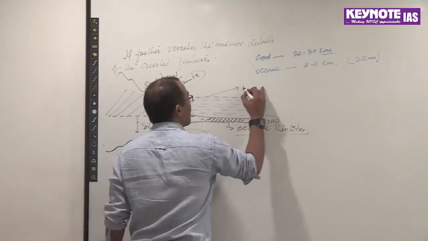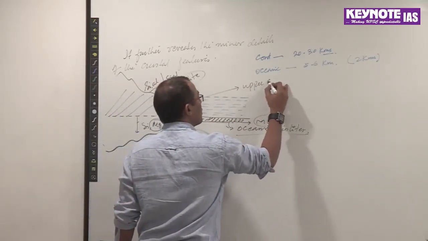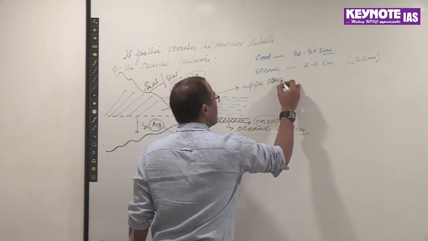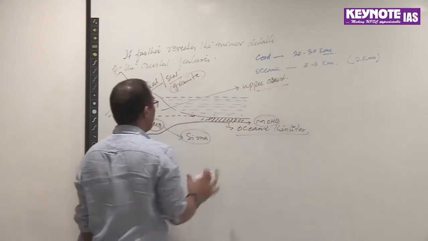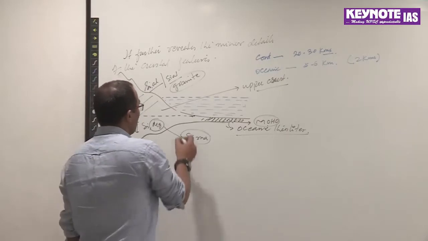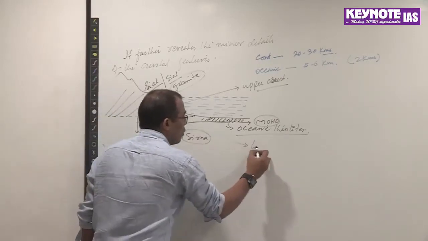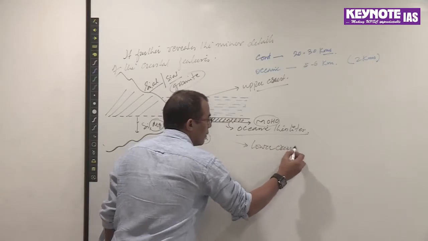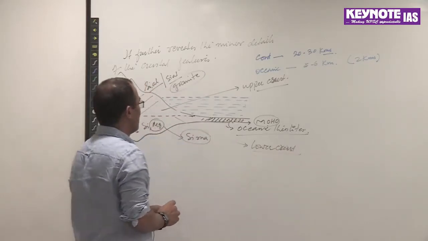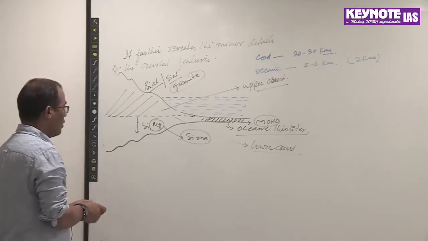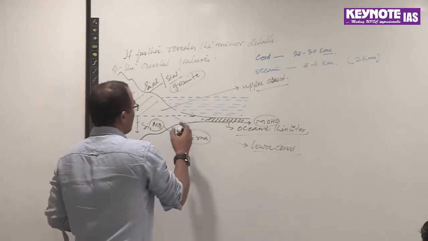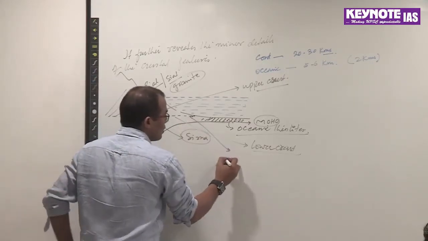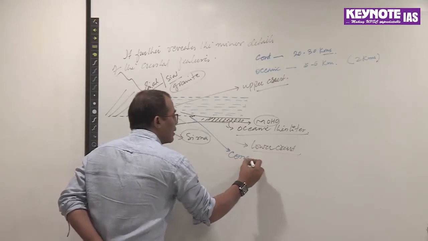This is the upper crust, which is primarily of silica and aluminum, and this portion is called lower crust. That means below this level it is called lower crust, and this discontinuity is called Conrad discontinuity.